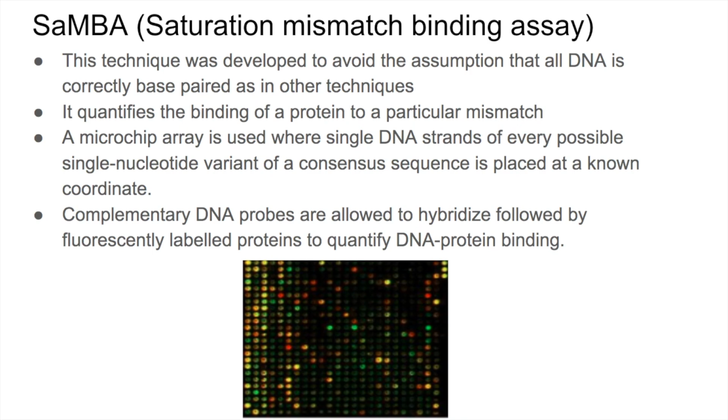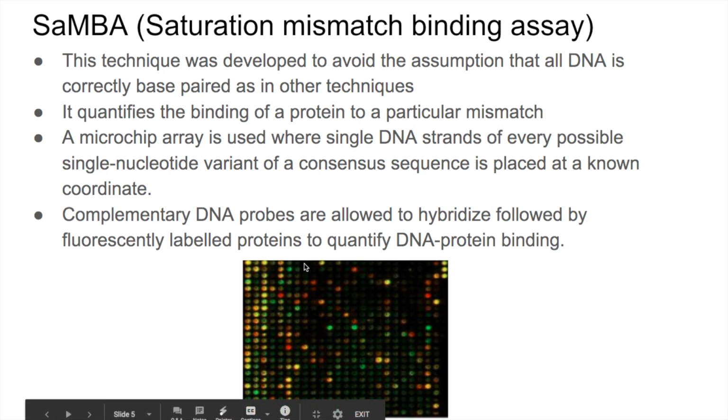So, for that, they created this new technique, which is known as the saturation mismatch binding assay. In this, we use a microchip array, as shown here, where single DNA strands of every possible single nucleotide variant of a consensus sequence are placed at a known coordinate.